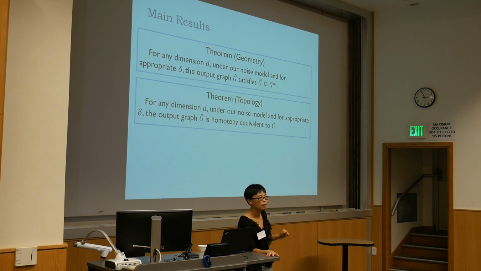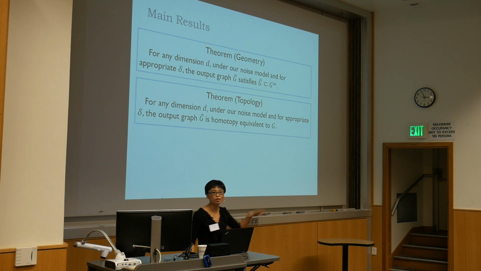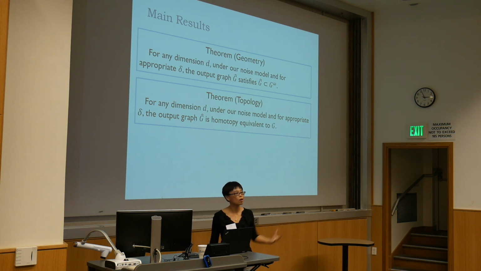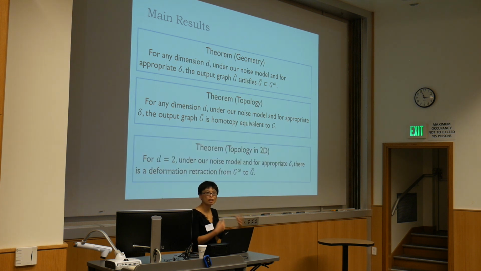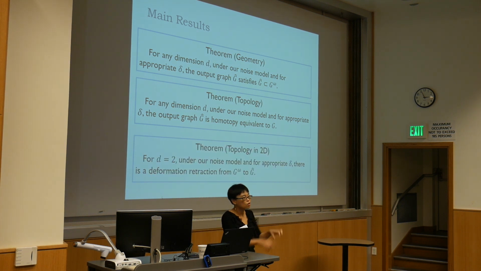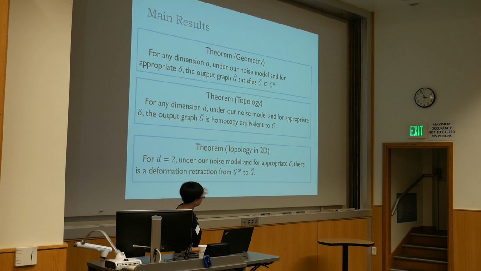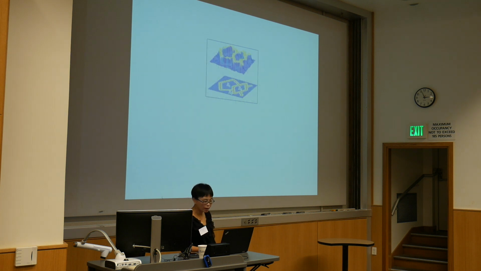Your reconstruction is homotopy equivalent to the ground truth. This is in d dimensions. In 2 dimensions you can get something even stronger, which is that your small neighborhood actually deformation retracts to your reconstruction as well. The last one is only for 2D.